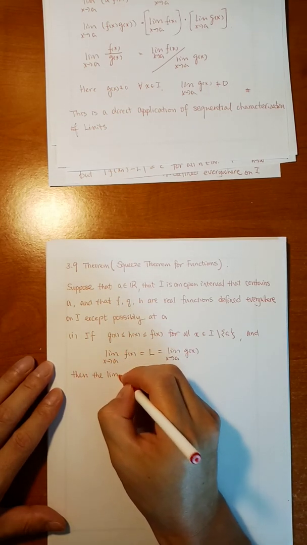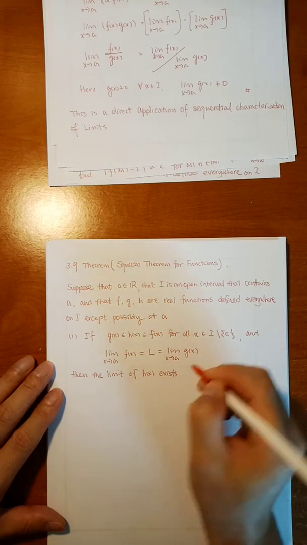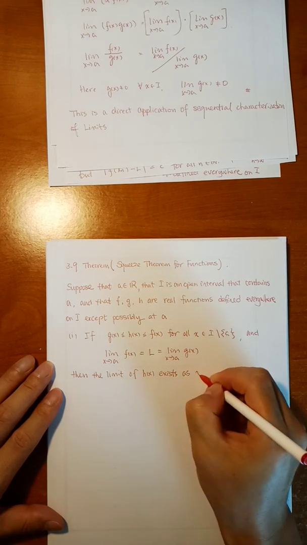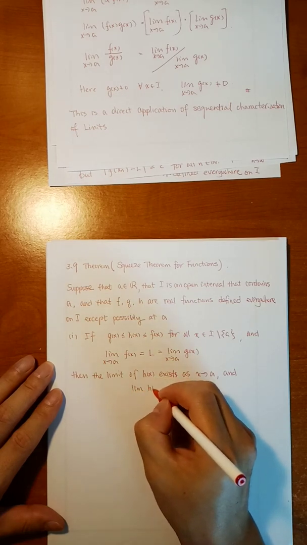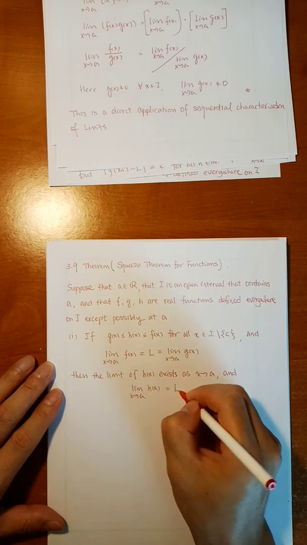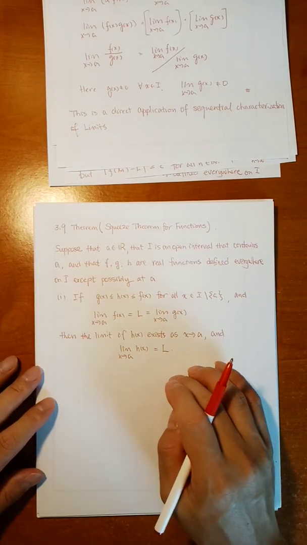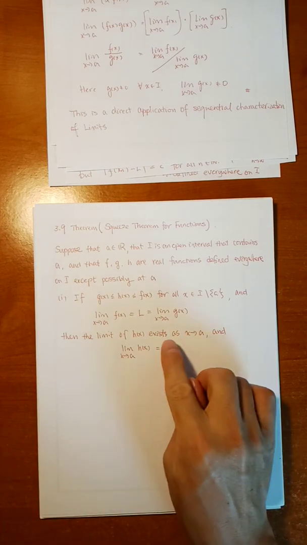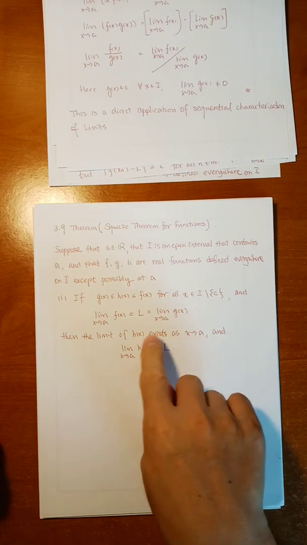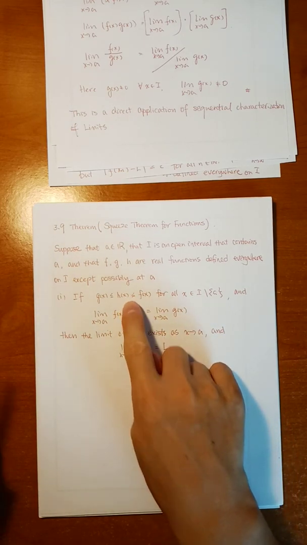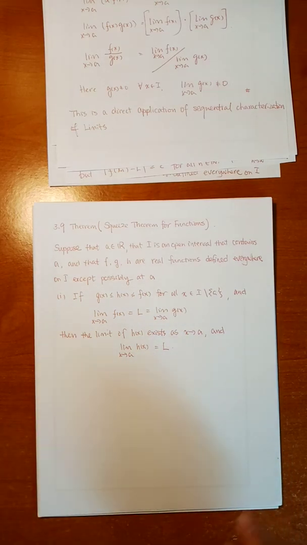First, the limit of the middle function h(x) exists as x approaches A. And second, the limit of h(x) as x approaches A is also equal to L. So the first statement is a confirmation about the existence of the limit for the middle function, and the second is the prediction of the value of the limit for the middle function.